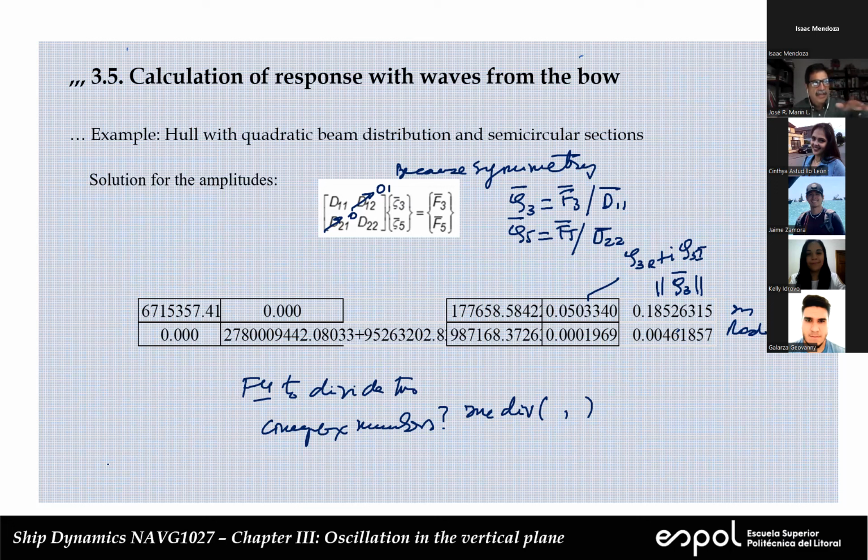So you change the frequency of the wave and everything changes. Well, not everything, but the hydrodynamics changes. So added mass, damping coefficient, excitation, all of these depend on frequency. So you have to recalculate A33, B33, integrate a second moment, and that influences the excitation. All of this has to be recalculated. And then solve the same system of equations, but with different coefficients. So the response will be different.